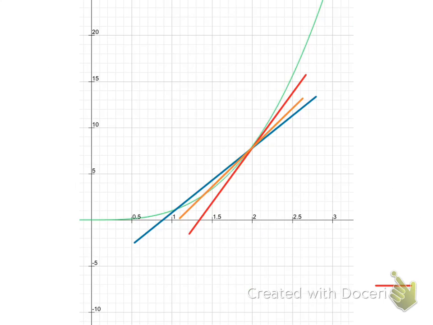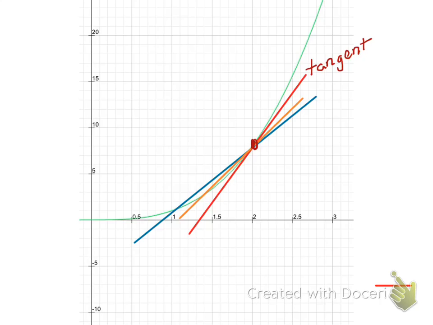In this diagram, we have a number of lines hitting the graph of y equals x cubed at (2, 8). So here's our point right there. The red line is the tangent line. The tangent line, like we saw before, just grazes the curve at one point.